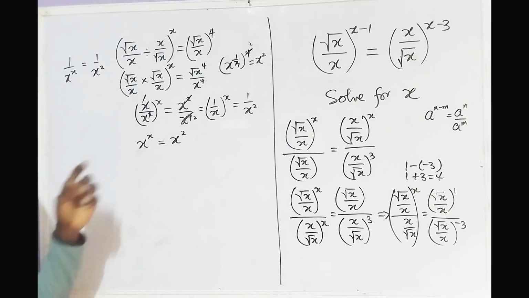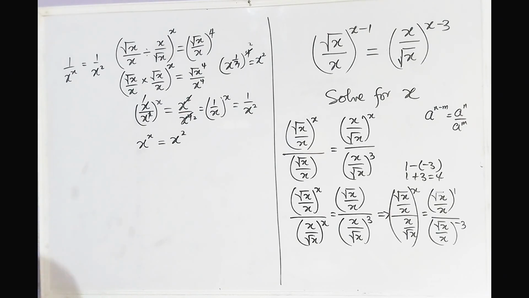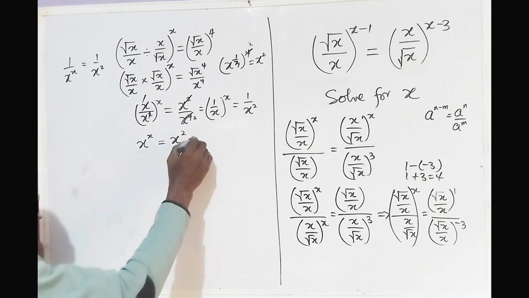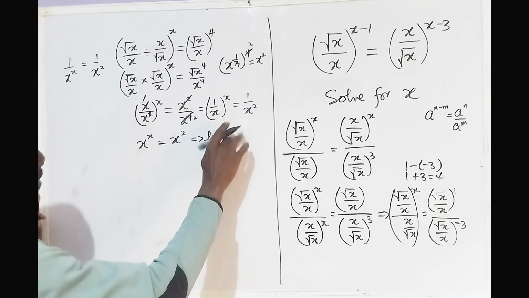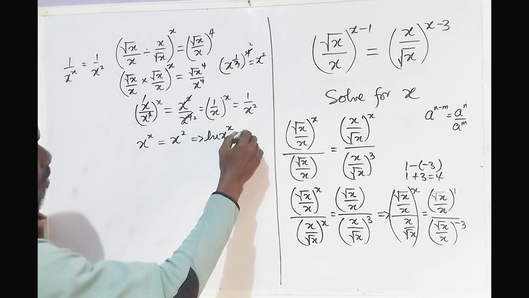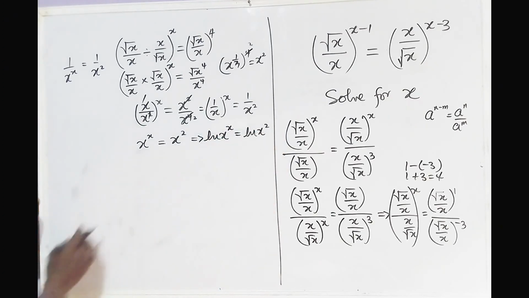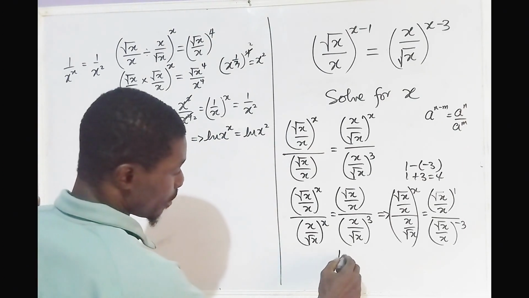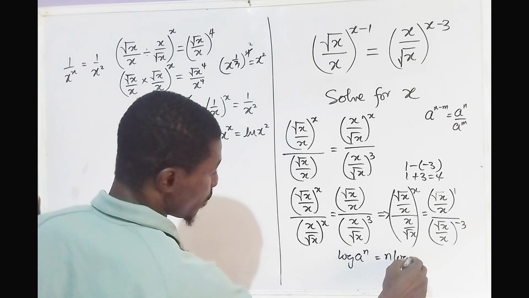x squared. So at this point, let us now apply the natural log, which is the ln. So we have ln of x raised to the power of x equals ln of x raised to the power of 2. According to the law of logarithm, log a raised to the power of n is the same thing as n log a.